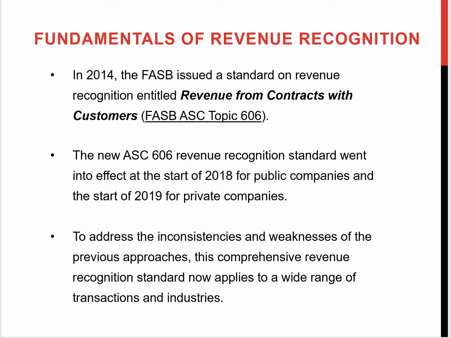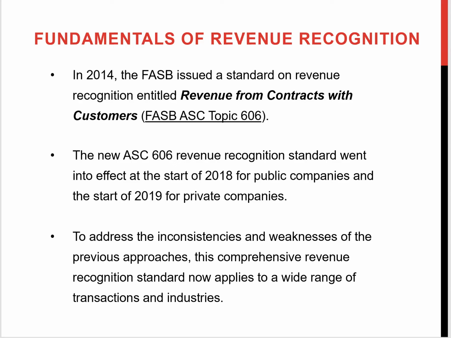So this revenue recognition standard is basically based on the asset-liability approach. You will remember the term asset-liability. That means the asset-liability approach states that you have to recognize and measure the revenues based on the changes in your assets and liabilities.